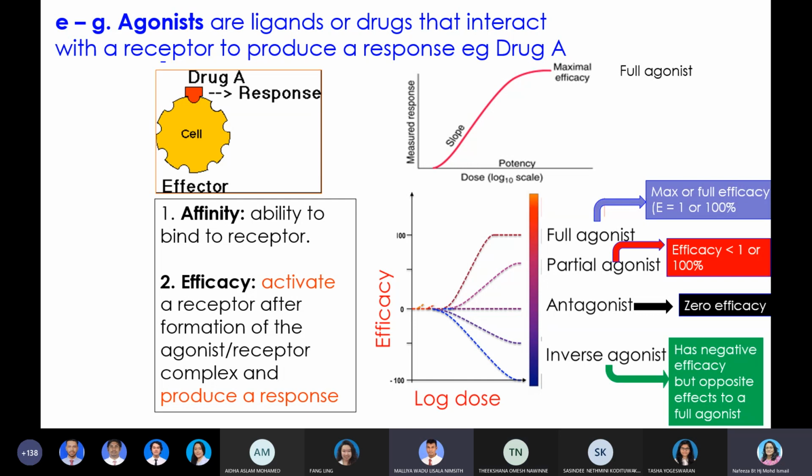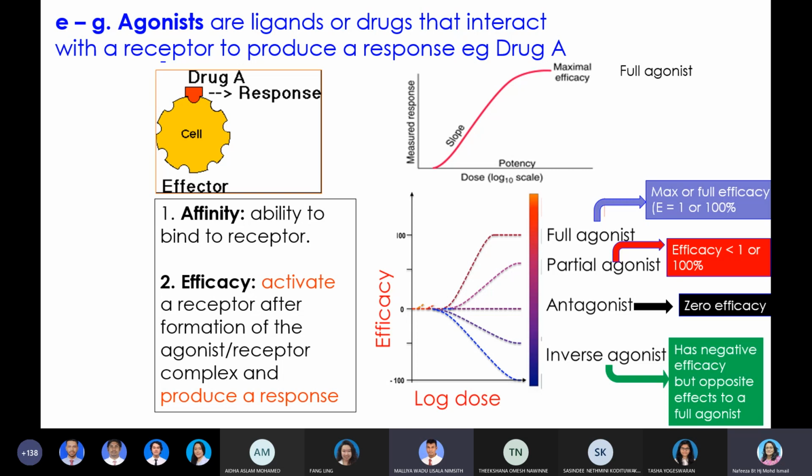Professor, for inverse agonist, is it 100% efficacy as well? Inverse agonist, we say, is negative efficacy. It's got a negative value. It is used clinically, but we don't use it for its inverse efficacy properties.